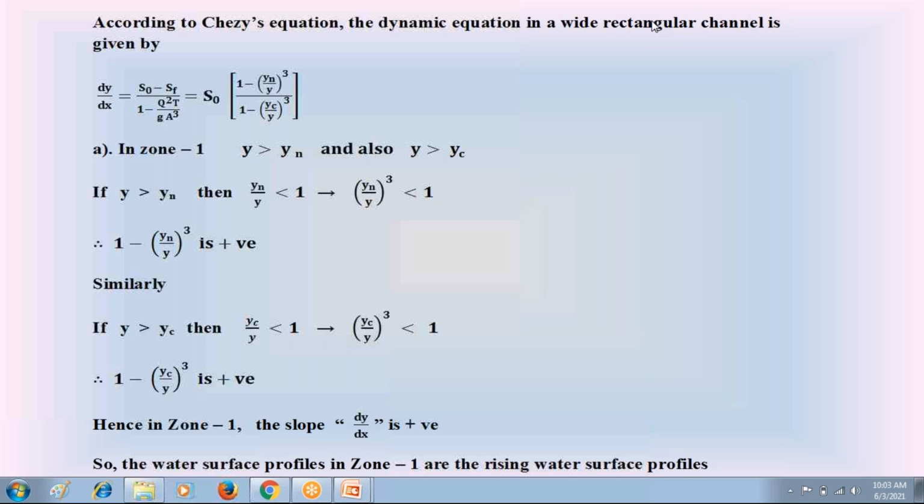I explained in this unit 2 that when the slope dy by dx is positive, the water surface profile is a rising water surface profile. So if you have doubts about this zone 1 dy by dx, please give me a response. Please discuss with me. Any doubts, students?